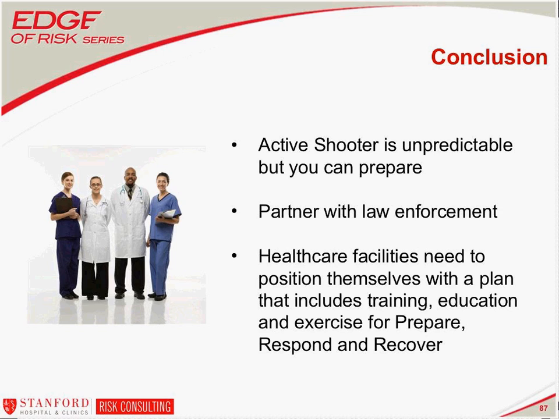Well, I would like to thank our speakers for their valuable insight into the most horrific type of workplace violence, the active shooter. Although the likelihood of an active shooter event in a hospital is rare, the consequences and severity are extreme. The positive news is that while devastating and unpredictable, hospitals can prepare themselves for the active shooter by adapting their current workplace violence prevention programs and emergency response programs to address the ever-changing risks of violence in today's society.